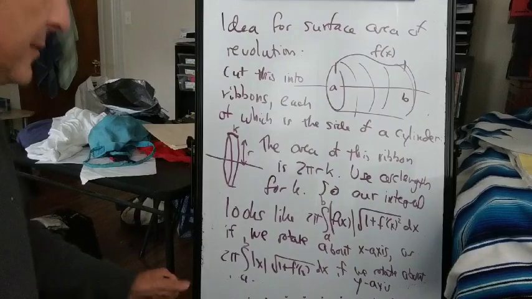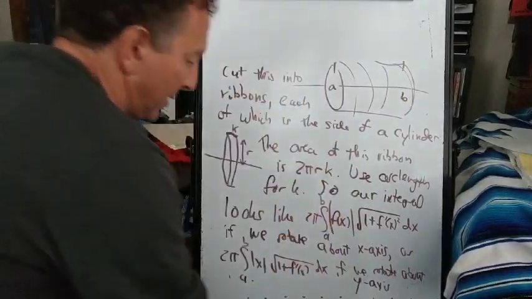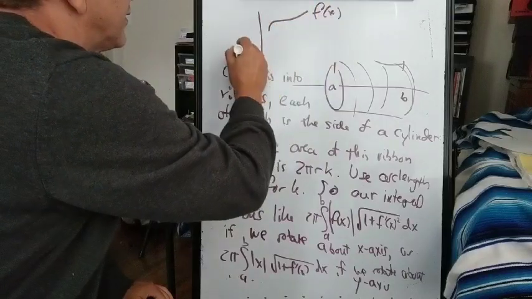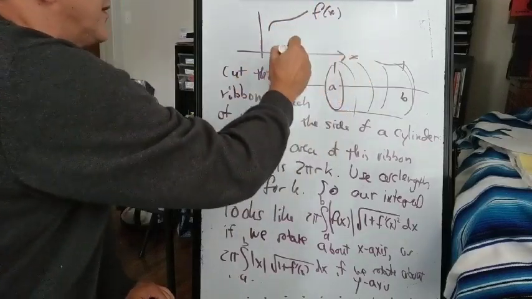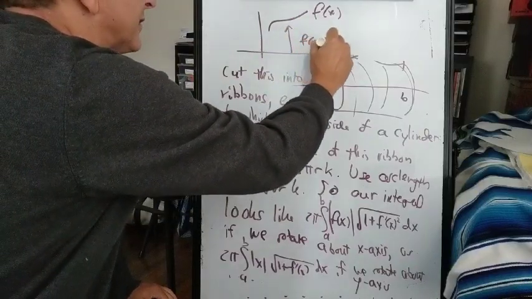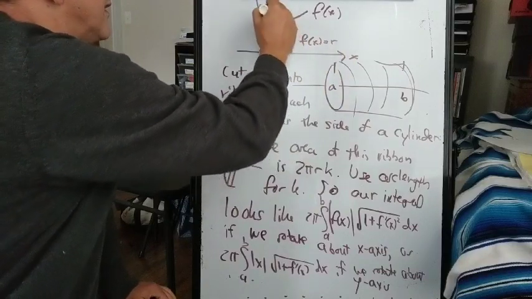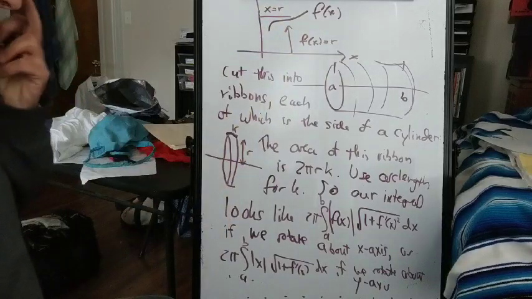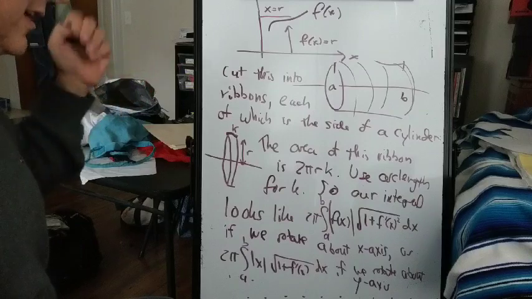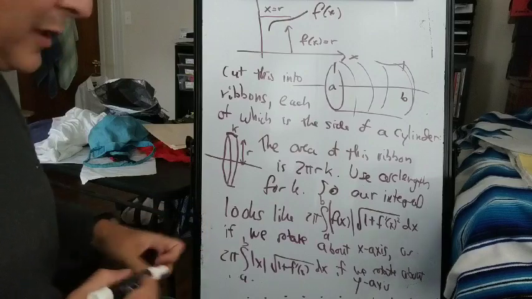Because then, so we've got this function here, f of x. If we're rotating about the x-axis, f of x is r. If we're rotating about the y-axis, x equals r. And the amazing thing is that whether we're rotating vertically or horizontally, we can always do the integral dx. We don't have to make it a dy integral if we're doing it one way or the other.